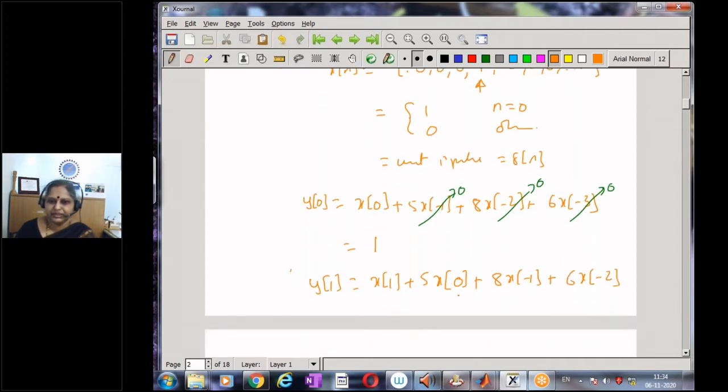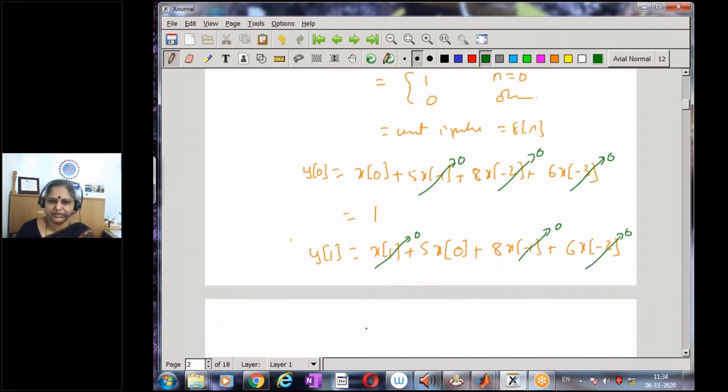Once again, x of 0 is 1 and everything else is 0, so the other terms are 0. So I have y of 1 as 5.